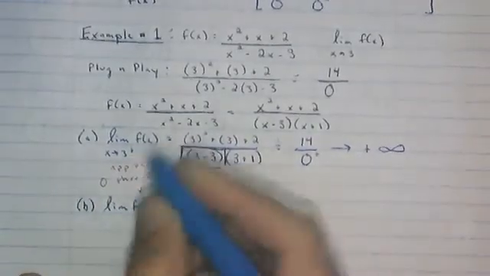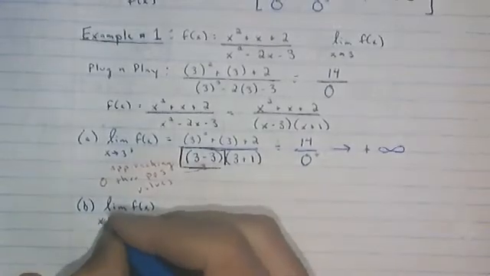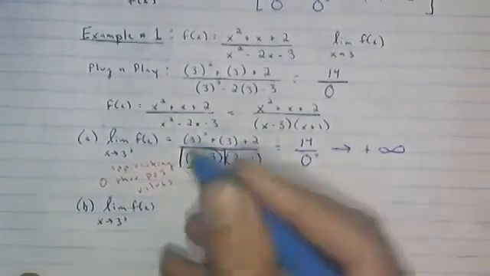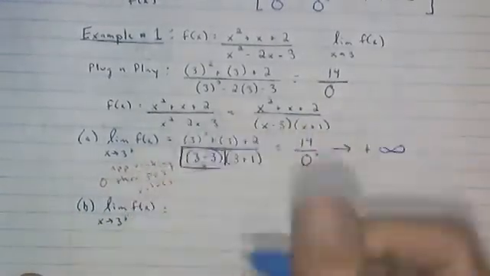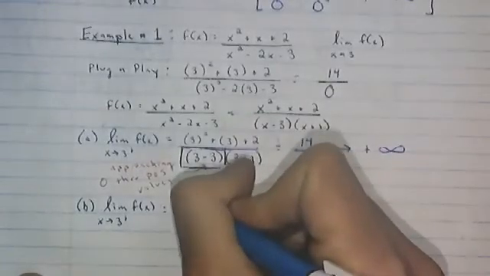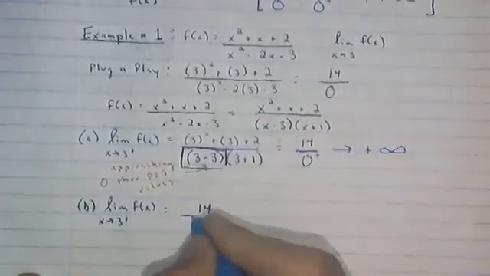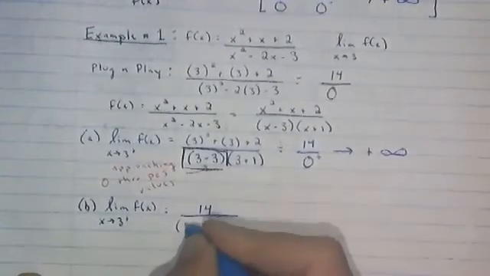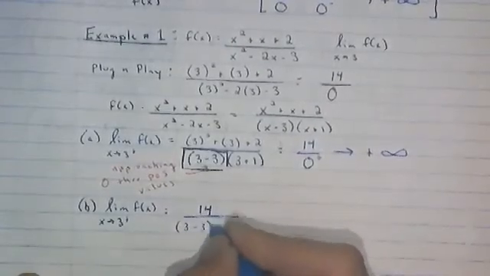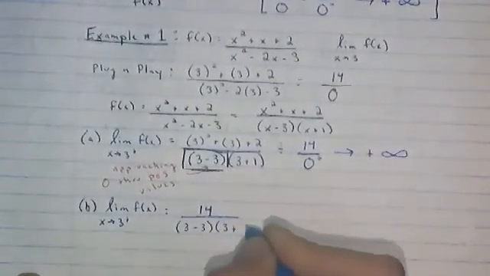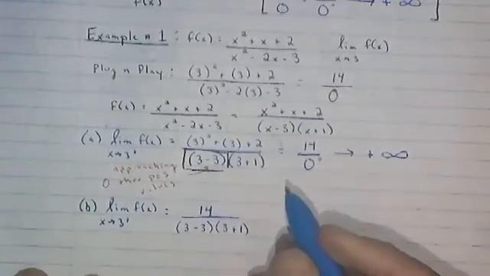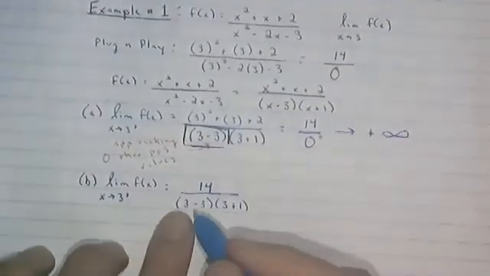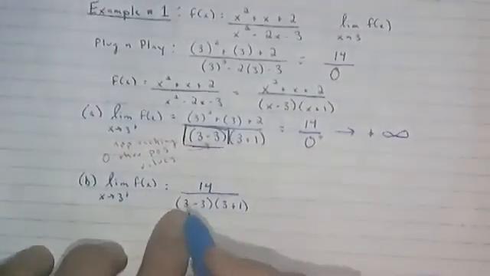So from values to the left of 3, slightly smaller than 3, we repeat this process. We plug and play. We get 14 on top, because it's still just essentially 3. And on the bottom, we get the same product, 3 minus 3 times 3 plus 1. But again, this is not actually 3 that we're plugging in.